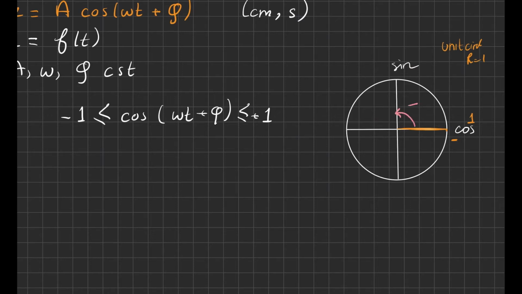Now, if we move up a bit, and the angle now is pi over 2. So our angle is up here. Project again on the cosine axis, and the projection would be this point here. And that point is the origin, which is just 0.